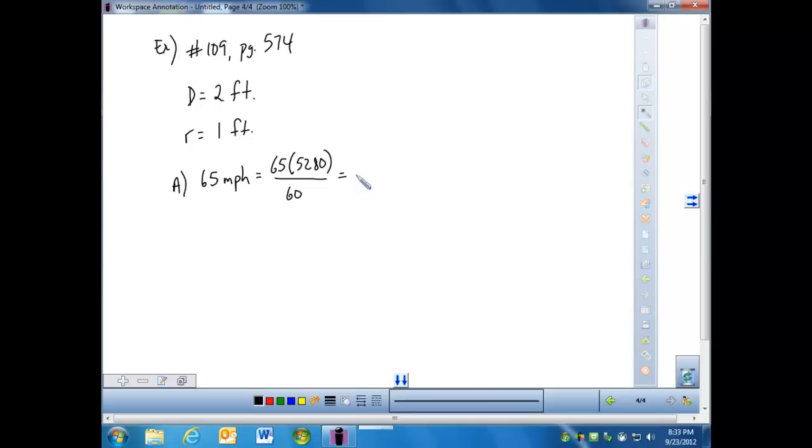We're going to take that 65 and multiply it by 5,280. That's the number of feet in a mile. Divide that by 60, which is the number of minutes in an hour. And now you have a speed in feet per minute. 5,720 feet per minute.